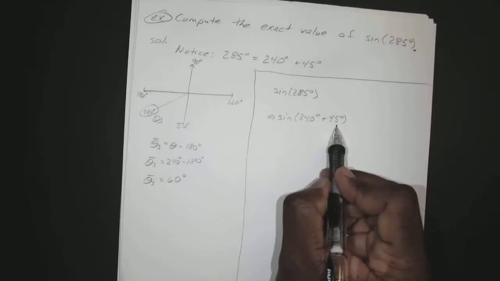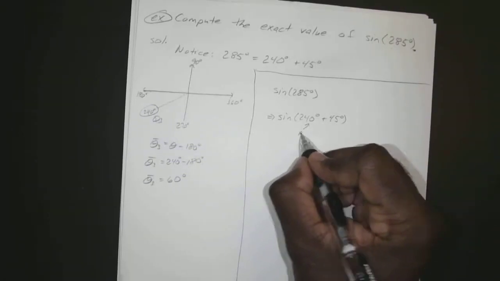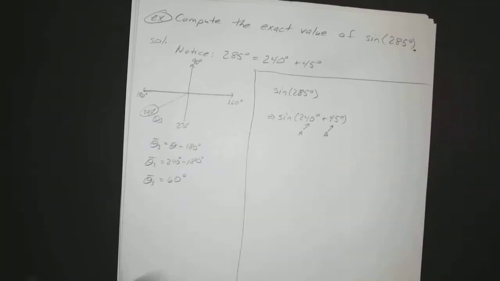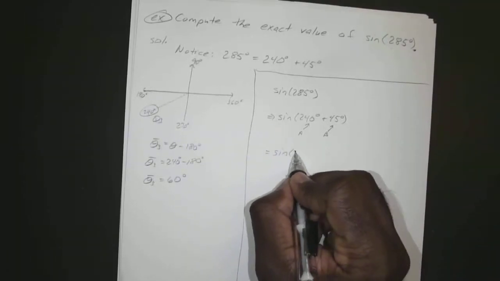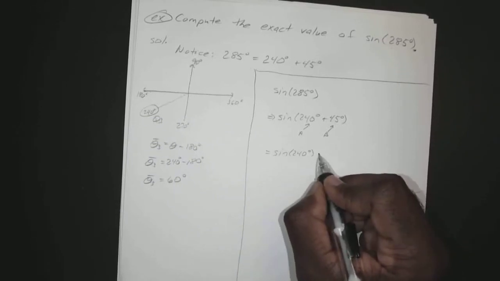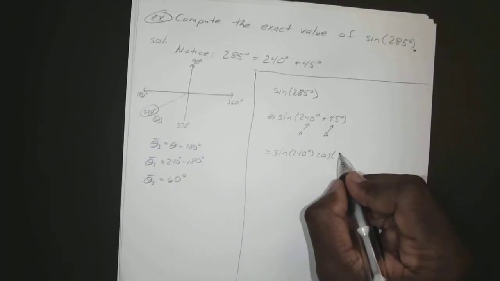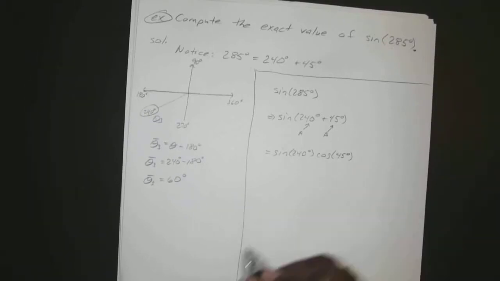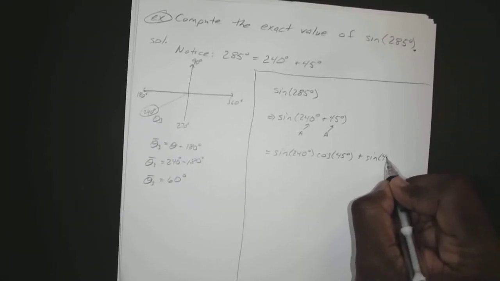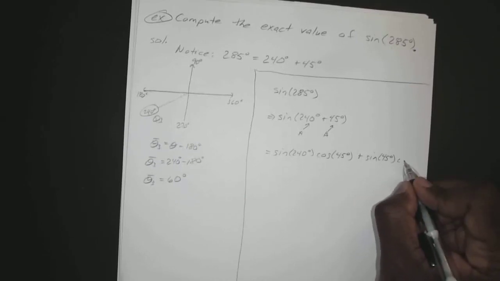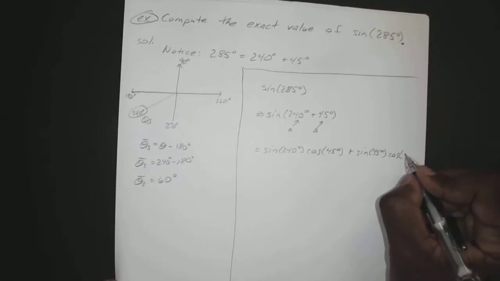Okay, so just using that as our A and B, that's equal to sine of 240 degrees times cosine 45 degrees plus sine of 45 degrees times cosine of 240.